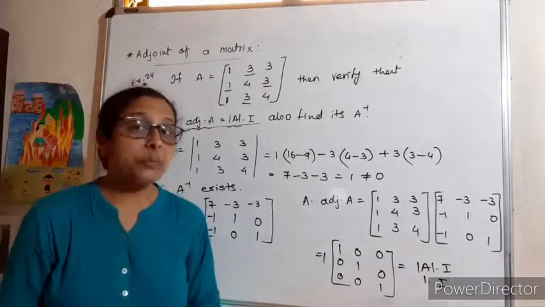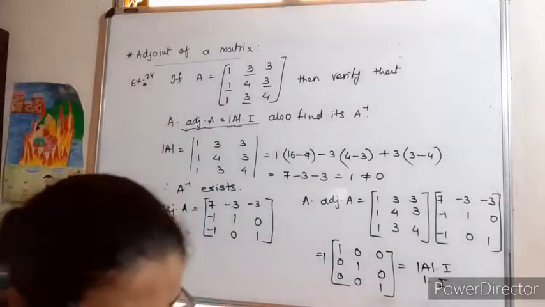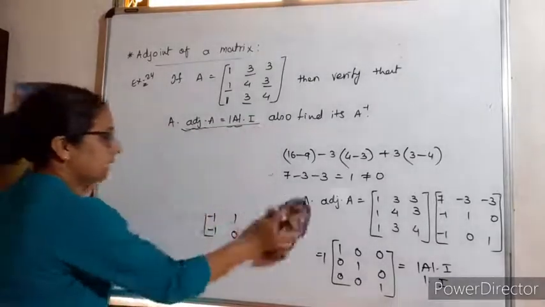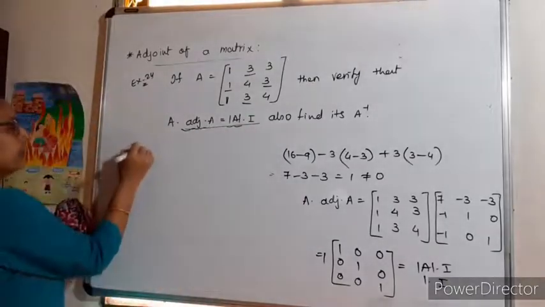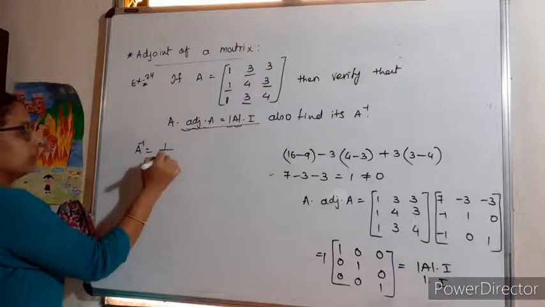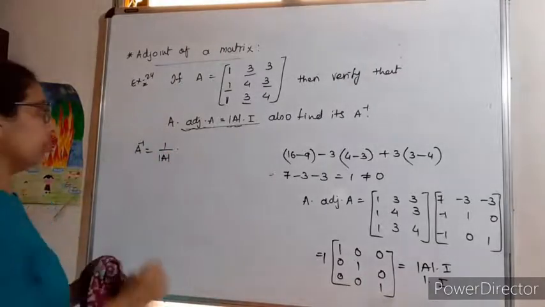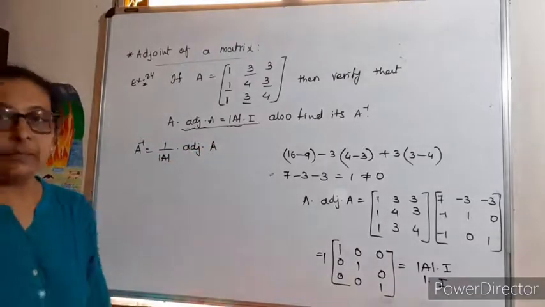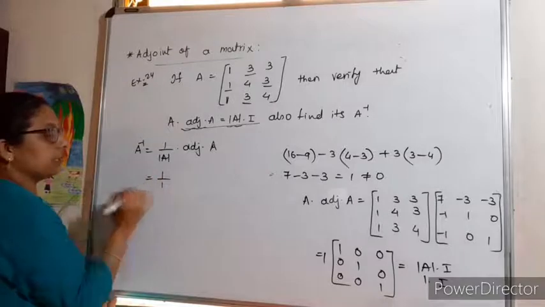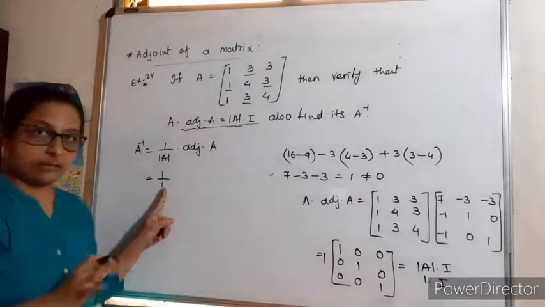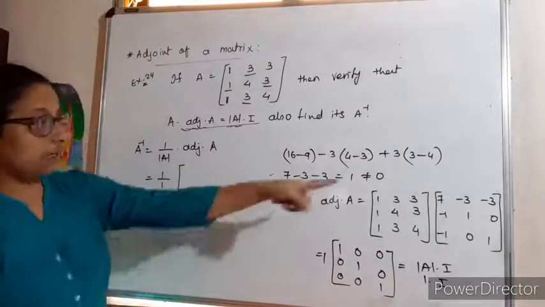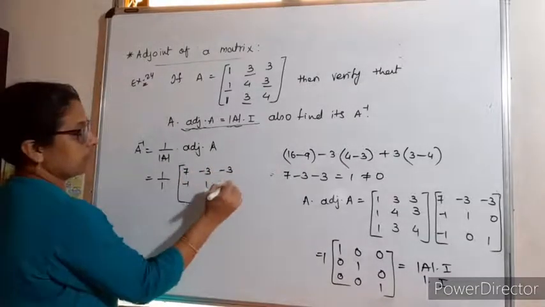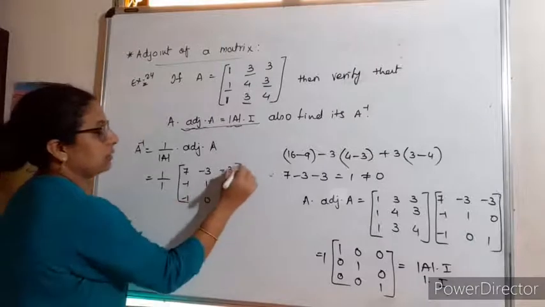You know what is the formula of A inverse that we have already written? Okay. So the formula of A inverse is 1 upon determinant of A into adjoint of A, is equal to 1 upon determinant of A, which is 1, into adjoint of A. Adjoint of A will write 7 minus 3 minus 3, minus 1 1 0, minus 1 0 1.